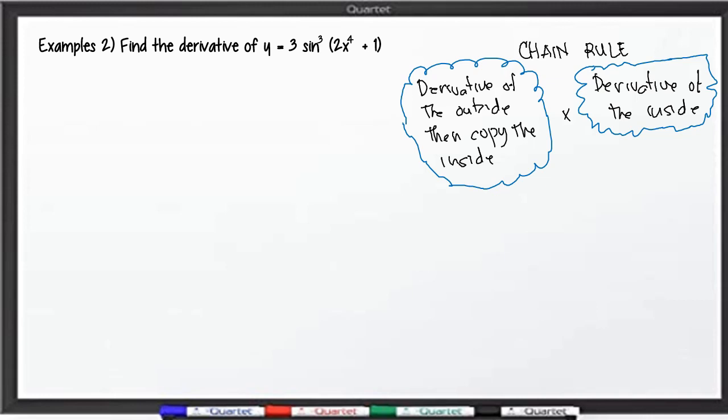First off, we have to analyze sine cube 2x to the fourth plus 1. We can rewrite this equation. Let us try to rewrite this one for more clarity. Y is equal to 3, tapos meron tayong sine of 2x to the fourth plus 1, and then we have to cube that.